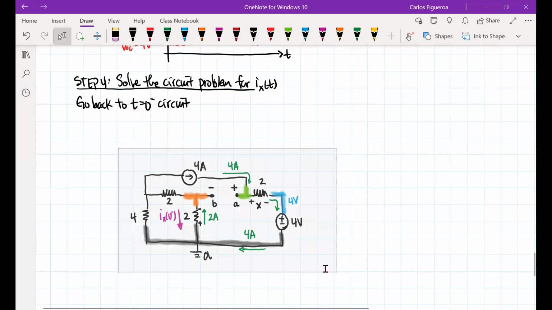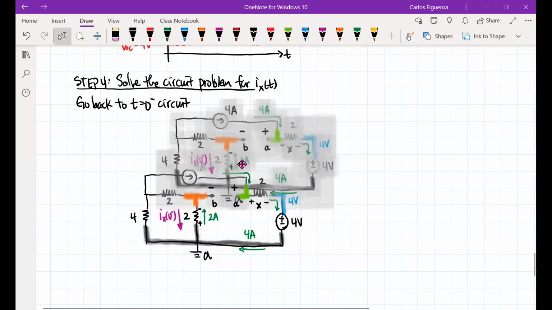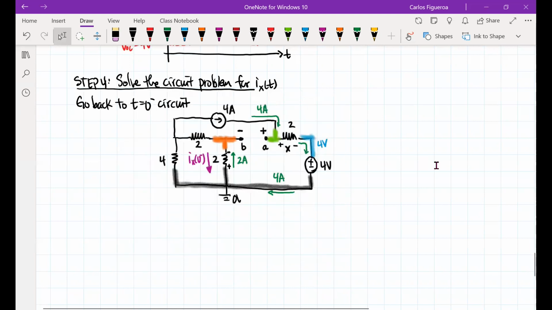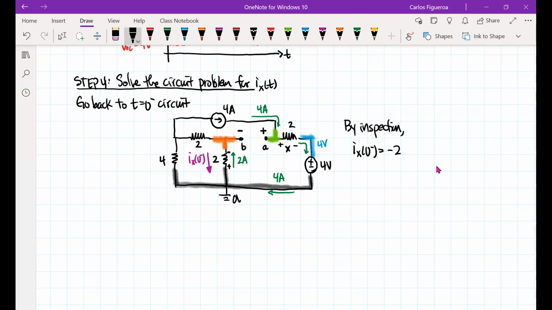So by looking at the circuit here, you can see that Ix by inspection has to be negative 2 milliamps. So by inspection, we see that Ix of 0 minus is minus 2 milliamps.